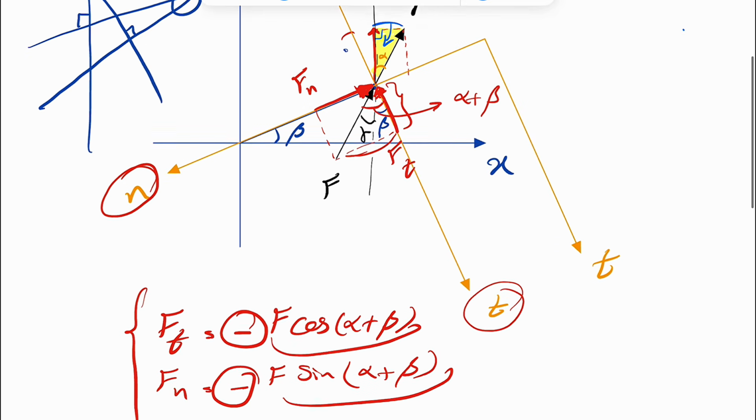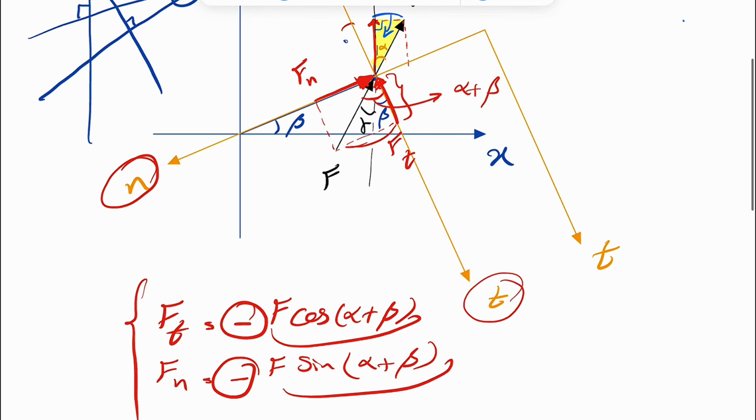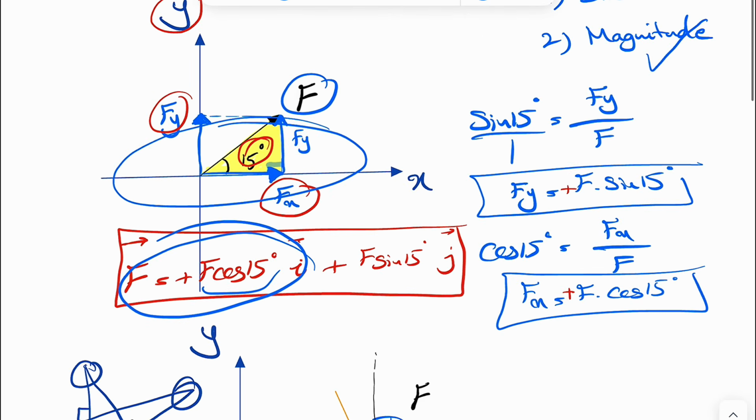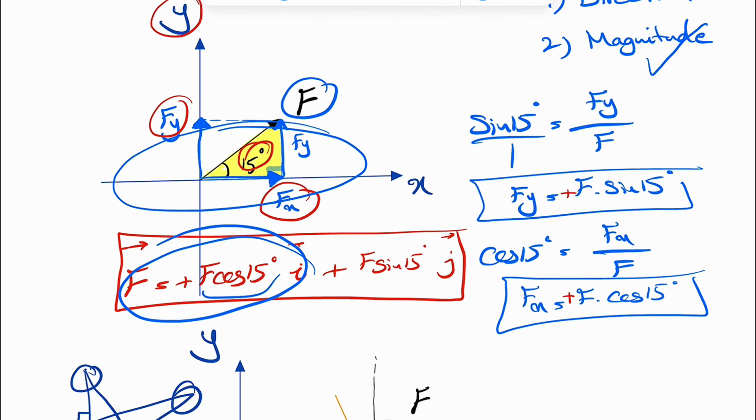And if it's the opposite, it will be the sine. So I personally use adjacent and opposite, but most of the time, when we don't deal with these kinds of axes where there is n and t, you're dealing with x and y axes 80% of the time, 90% of the time. So if that's the case, just figure out the angle with the x-axis, cosine of that angle is going to give you the x, and sine of that angle is going to give you y.